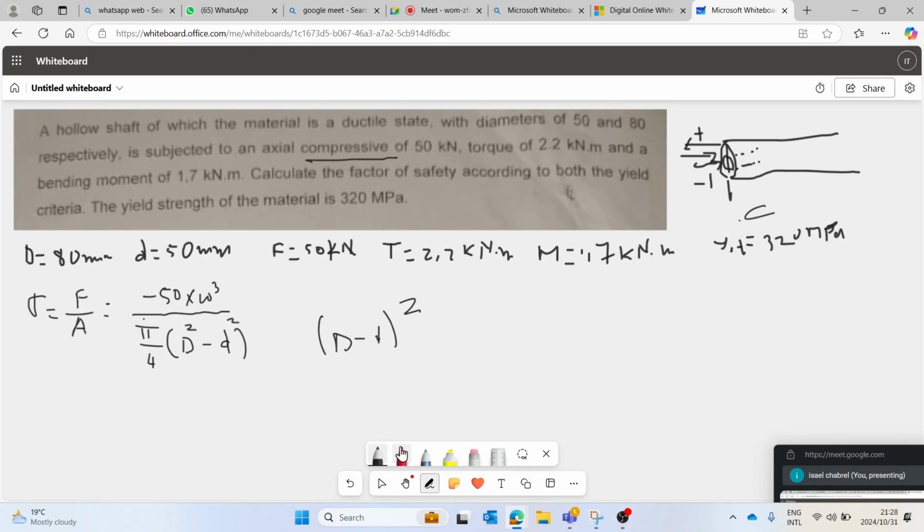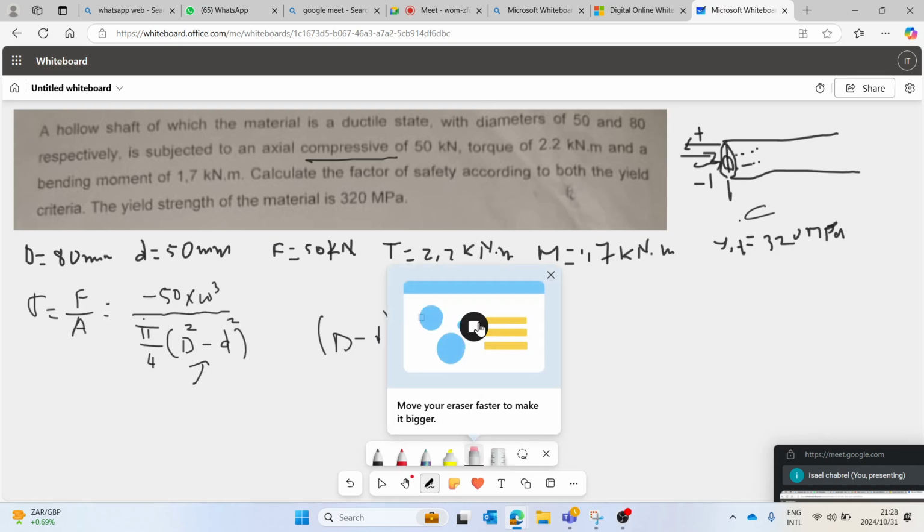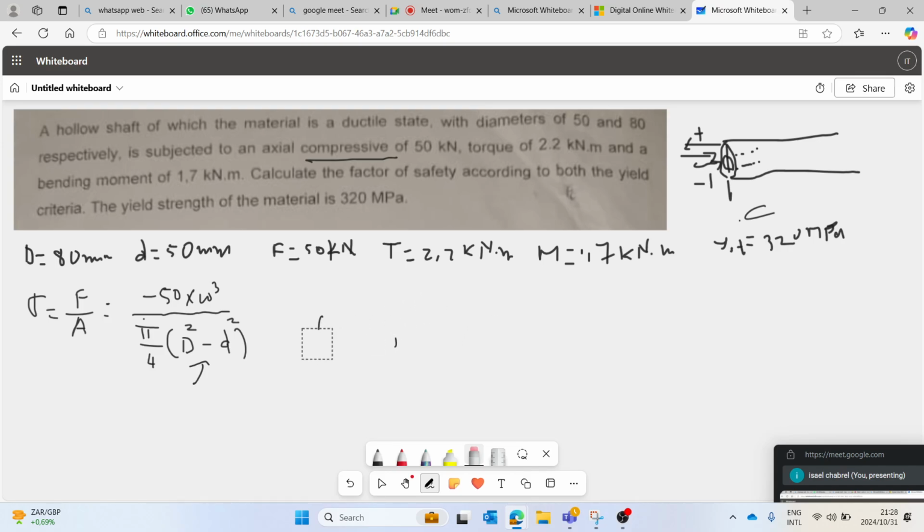Mr. Koso, what is it, my leader? Yes, you are correct. It's D squared minus d squared. Okay, thank you, my leader. Revision is normal, it's normal for us to forget, so we are refreshing our minds.